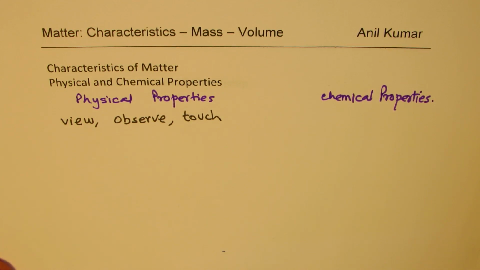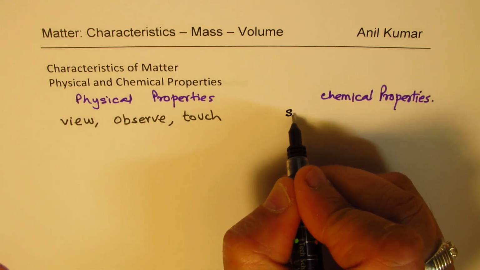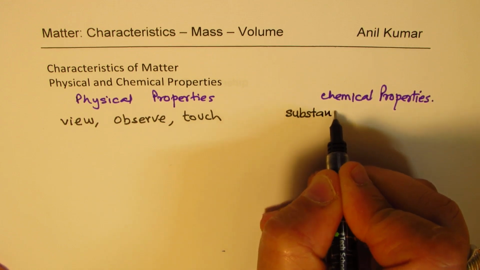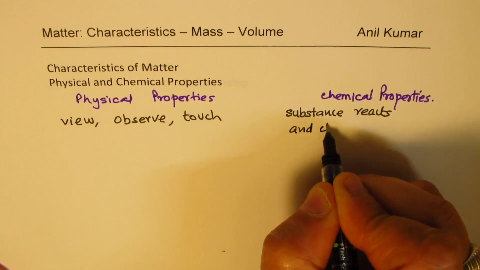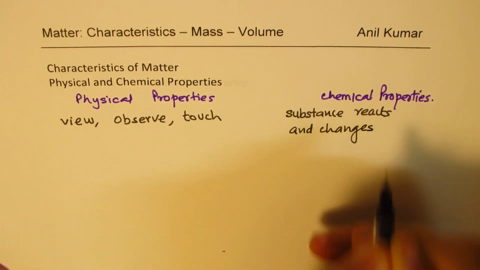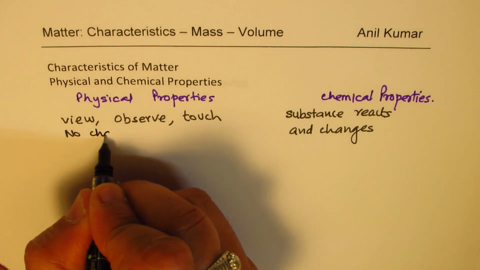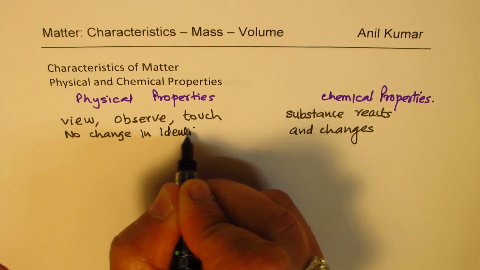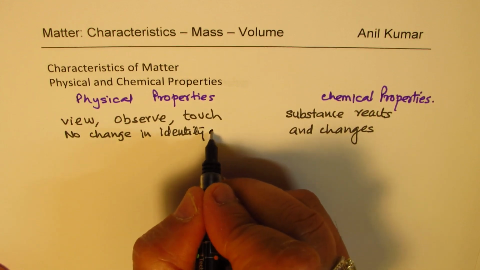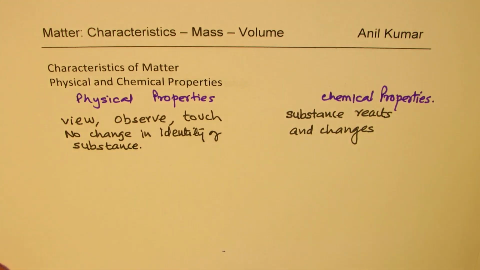And what are the chemical properties? So chemical properties are the ones in which substance reacts and changes. In physical properties, there is no change in identity of substance. Right? So that is very important to understand.